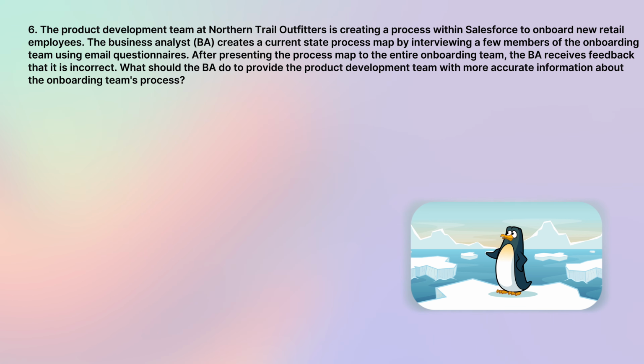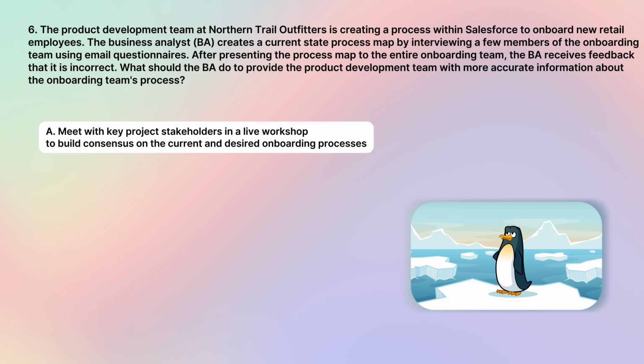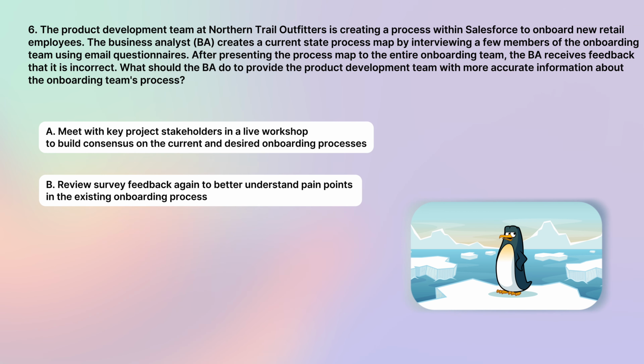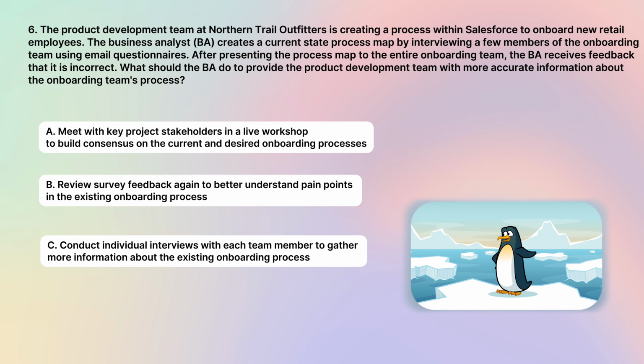What should the BA do to provide the product development team with more accurate information about the onboarding team's process? A. Meet with key project stakeholders in a live workshop to build consensus on the current and desired onboarding processes. B. Review survey feedback again to better understand pain points in the existing onboarding process. C. Conduct individual interviews with each team member to gather more information about the existing onboarding process.